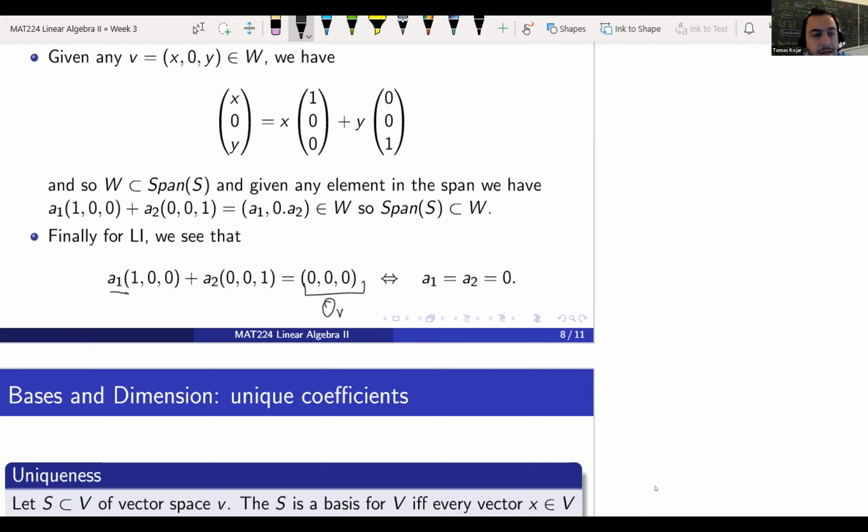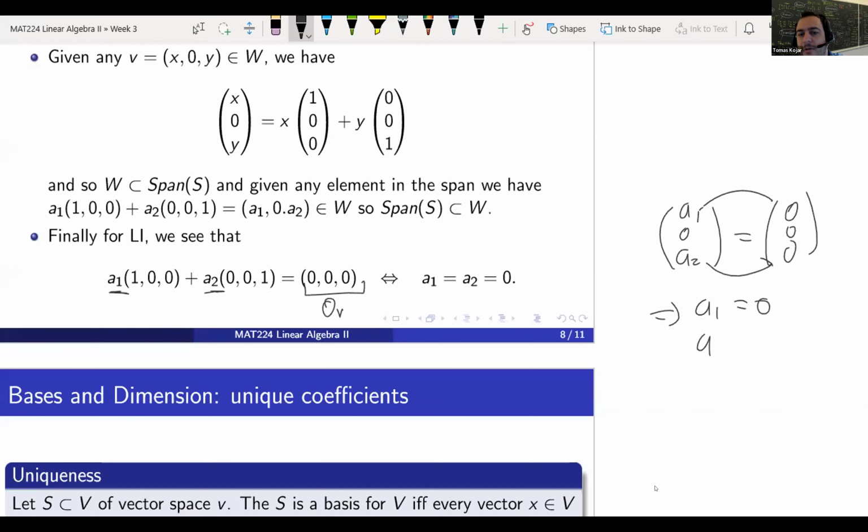And you need to get that the coefficients are zero. That's the condition for linear independence. And this one works here because what do you get? You get A1, 0, A2 is equal to 0, 0, 0. And then you compare components. So you have A1 is 0 and A2 is 0. That's all. In this case, it's very simple. Okay.